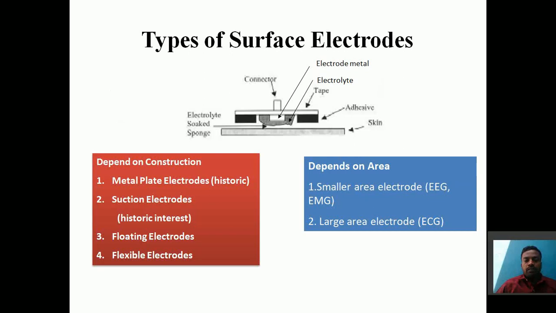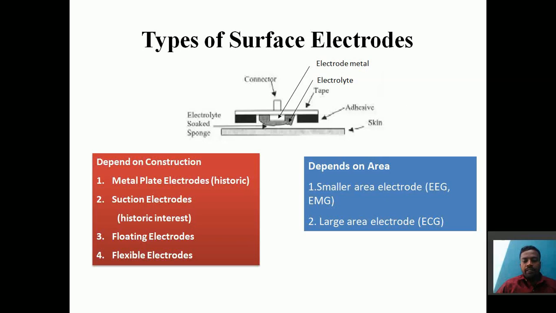Then the types of surface electrodes. The surface electrode is differentiated by two things: the first depends on construction and the second depends on area. Depending on construction, it is divided into four types: metal plate electrode, suction electrode, floating electrode, and flexible electrode.